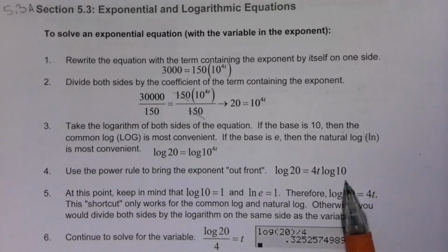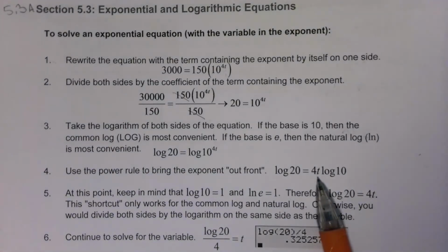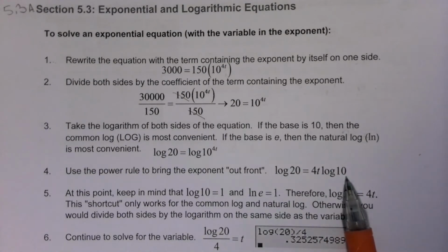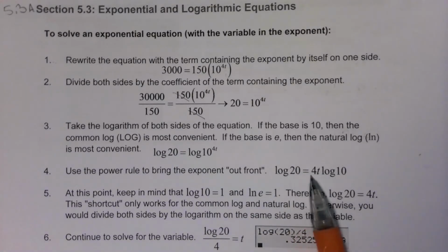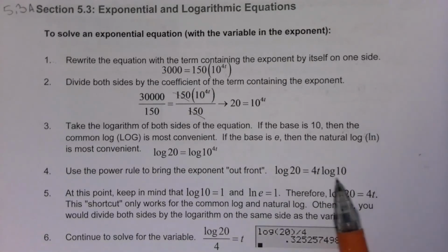Now at this point, remember t is what we're solving for. The log of 10 is just 1. So we can simplify this equation to just log of 20 equals 4t. Or if this is not just a 1, we could divide both sides by log of 10. And we'll see that in some equations in a minute.